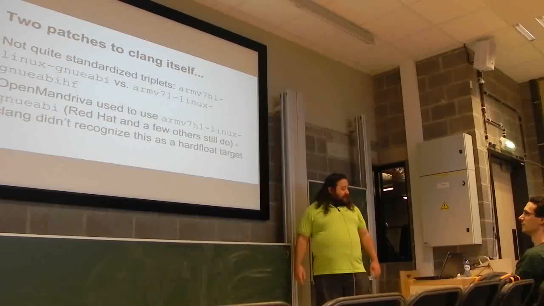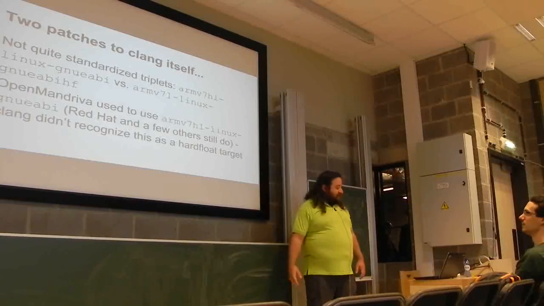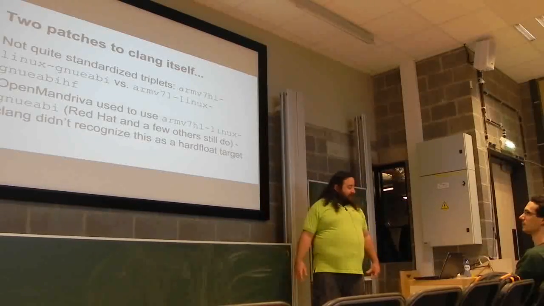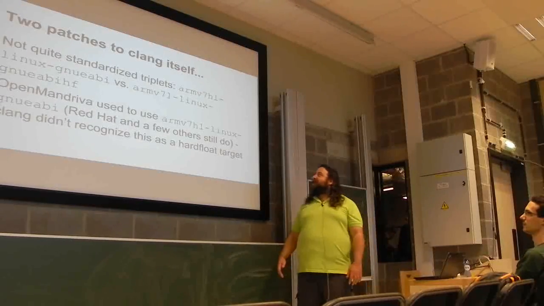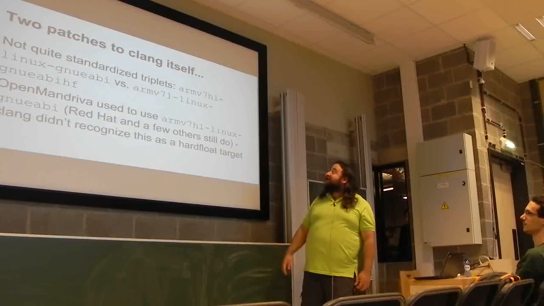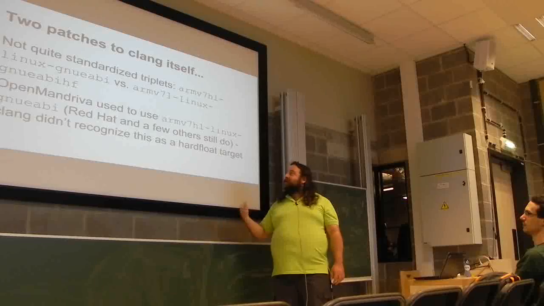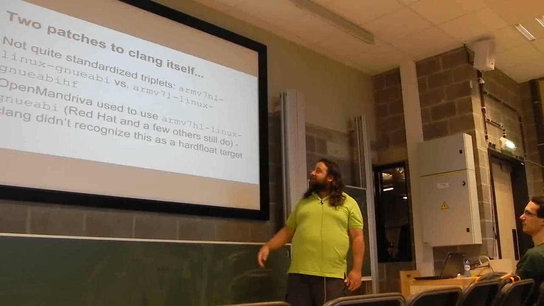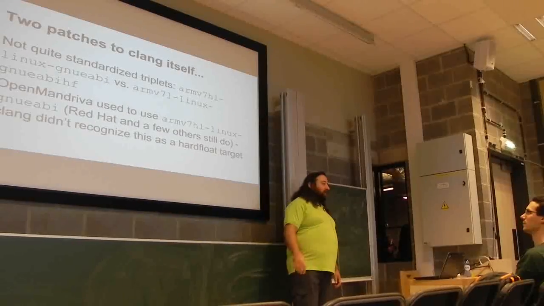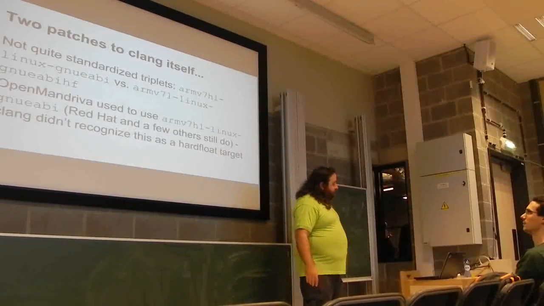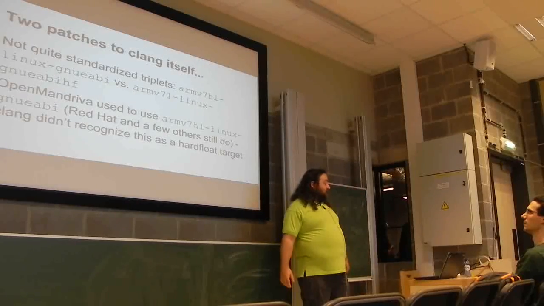So the next thing where we ran into some trouble was that on ARMv7 the triplets are not quite standardized. Some distributions, most things that are in some way derived from Red Hat distributions, use armv7hl-linux-gnueabi, while more Debian-derived distributions use armv7l-linux-gnueabihf to point out the hard floating point ABI. And Clang only understands the gnueabihf variant.